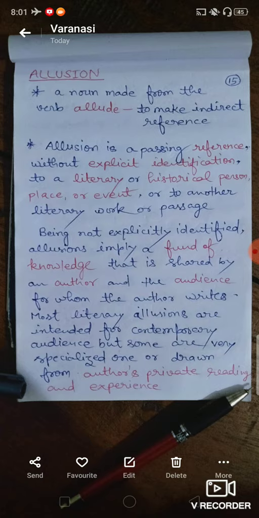If we talk of another example, The Rape of the Lock, the depiction of Belinda and the Baron, of course it is a mock epic, and there we find satire, but it is the reality of the contemporary society.